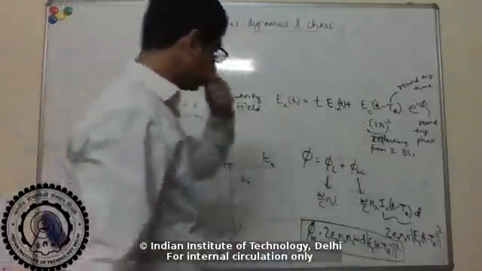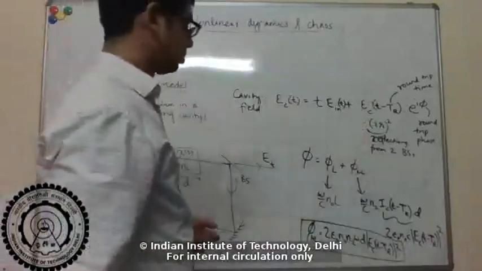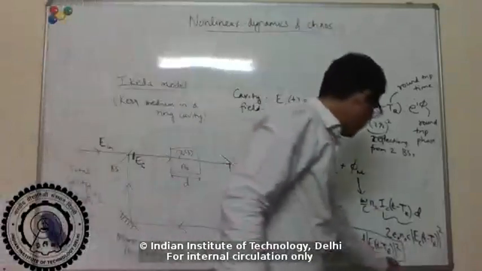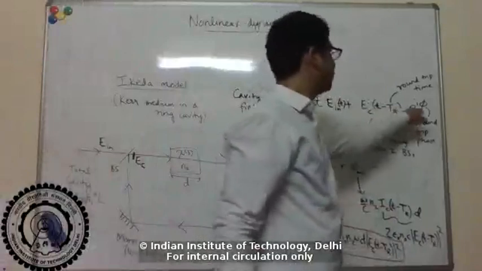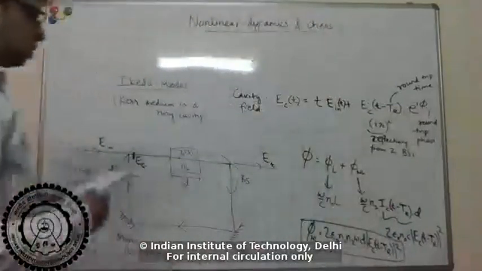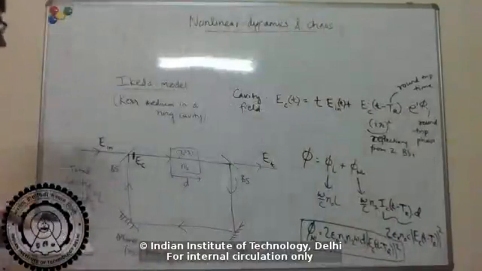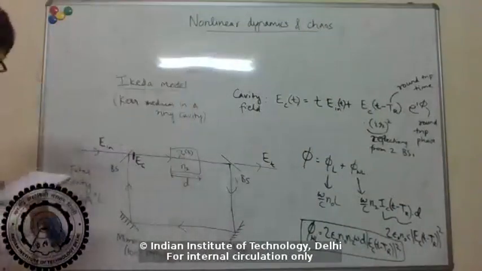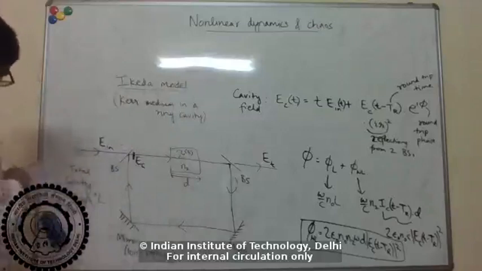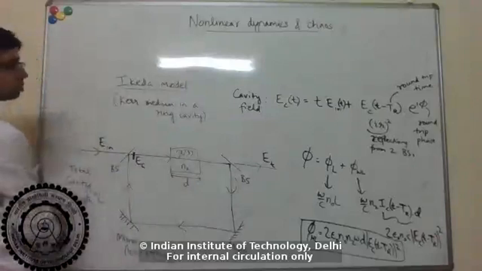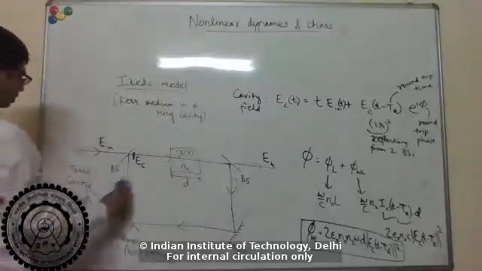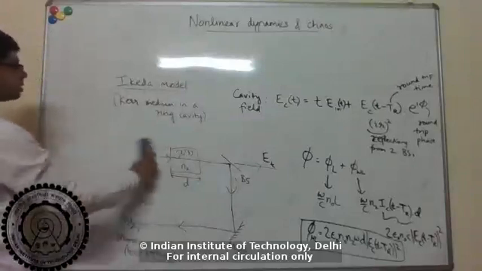Okay. Yeah, so the main point here is that the field should be at T minus TR, because that field is acquiring the phase. Okay, so we can normalize the field.